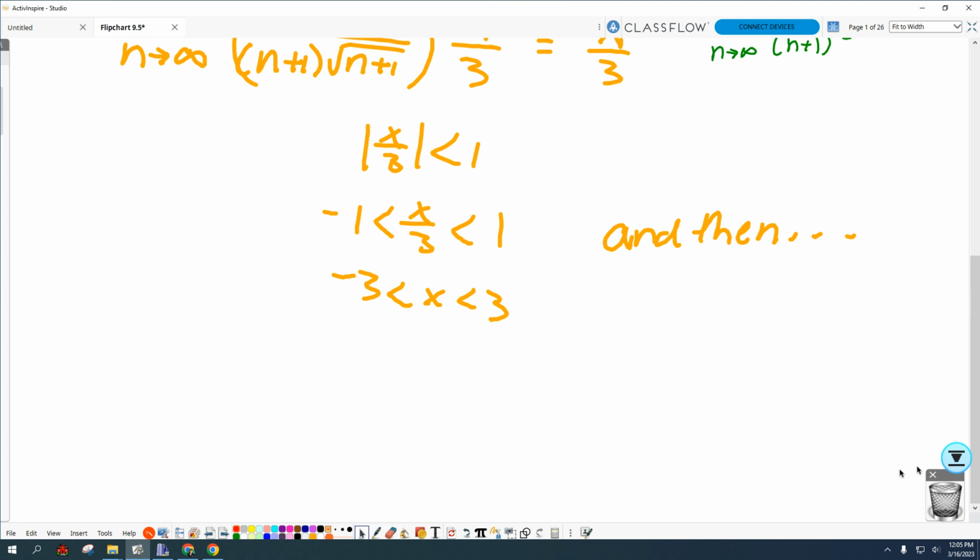And then there's something else, which today is the something else. What are we looking at? Testing for the endpoints. Testing for the endpoints. That is today. So, there's a whole big pain in the butt thing to do to see if we need to do some square brackets or round brackets on those ends.